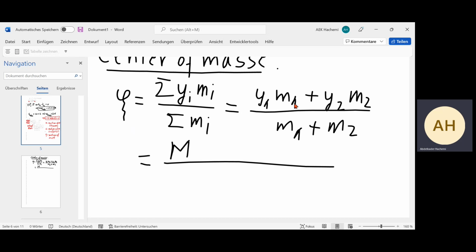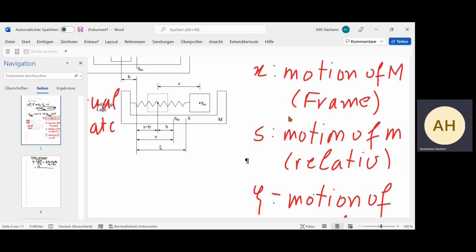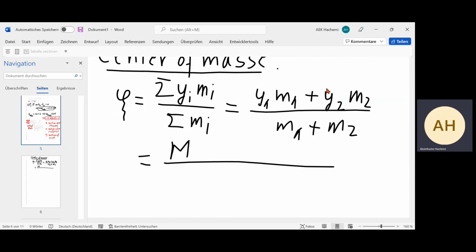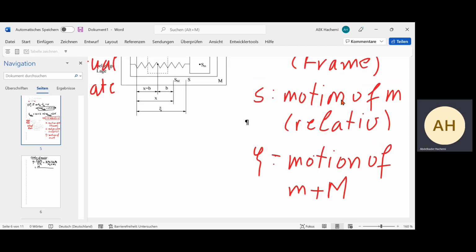In our case, m1 is only capital letter M, m2 is small letter m, and y1 we have to define: it's only the frame x, and y2 is the position, the distance here, as we have seen, it's only x minus b plus s. This is the new position, this is sm, or let's say here we write it by y2.